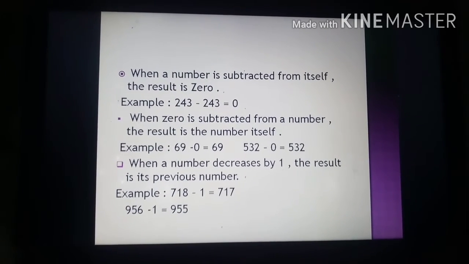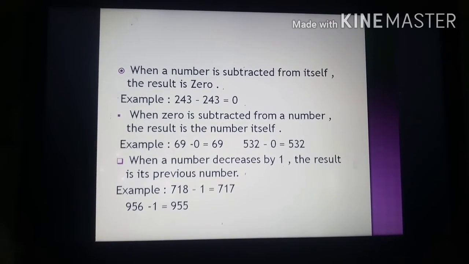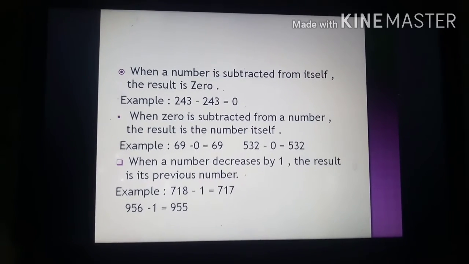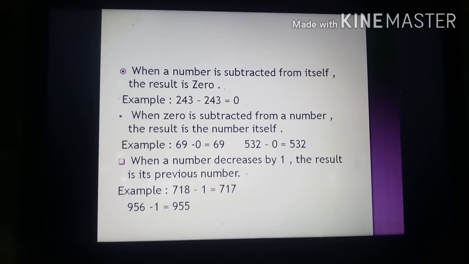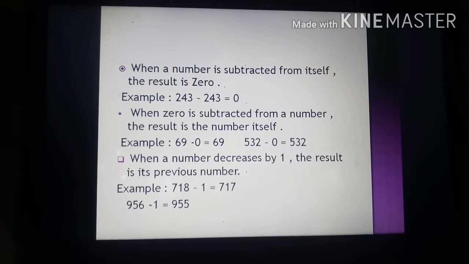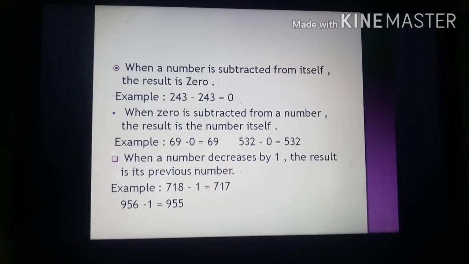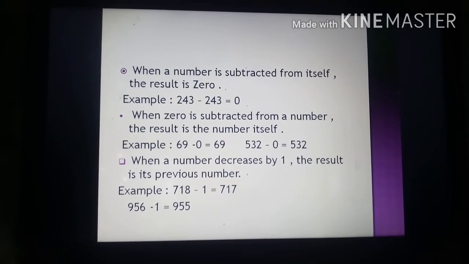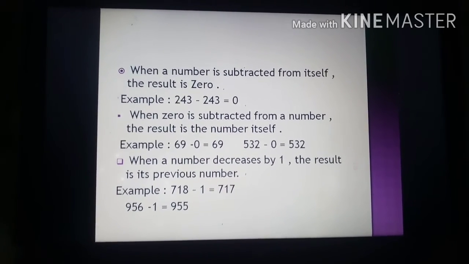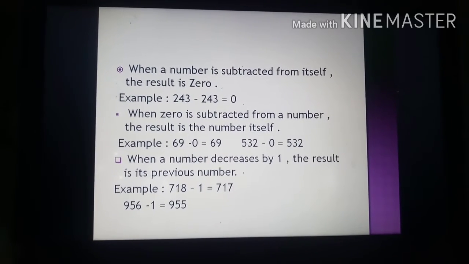So now, how many books are there in your bag? The same, 15 books, because you had not given any book to another person. So the rule says, when we subtract 0 from any number, the answer will be the number itself.